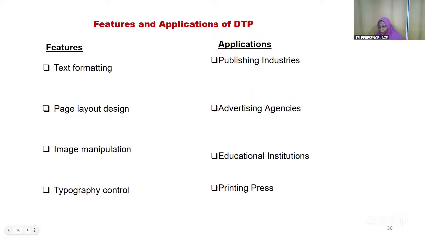And what are the features of desktop publishing? It can do the page layout for you, can do image manipulation. And these are for the uses of the publishing industry, the advertising agencies, education institutions, printing presses, and so on.